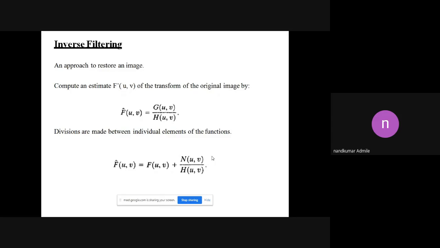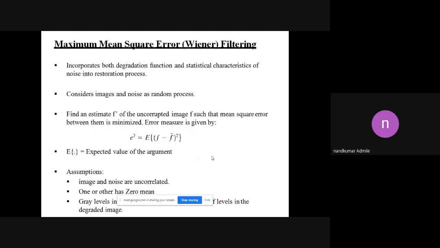So we have to study these two types of filters. The first one is inverse filtering, and the other is Wiener filtering. In these two types of filter, we have to study the degradation model or the estimation function H. These two filters are also very important.